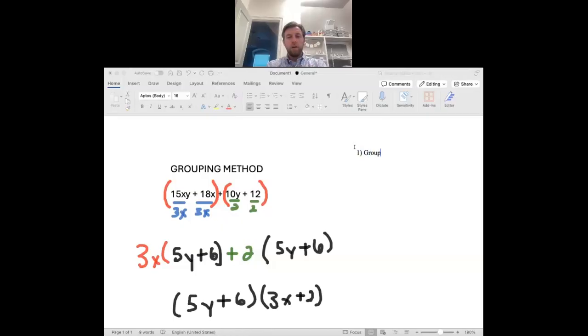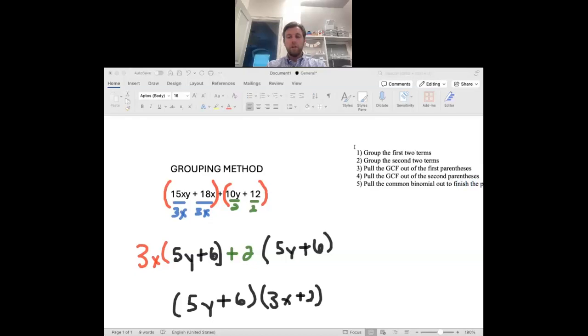So 1, group the first 2 terms. 2, group the second 2 terms. And when I mean group, put parentheses around them. Pull the GCF out of the first parentheses. Pull the GCF out of the second parentheses. Pull the common binomial out.